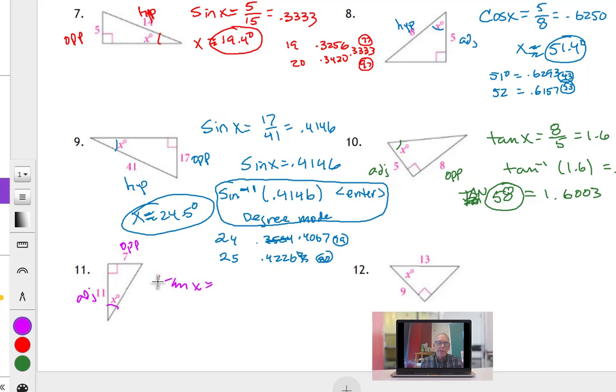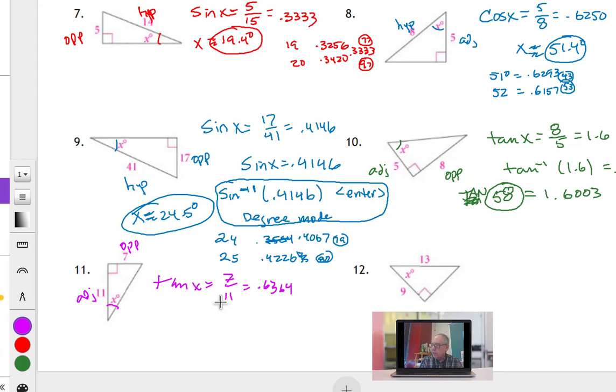Tan x equals opposite, which is 7, over adjacent, which is 11. That gives us 0.6364, rounded off to 4 decimal places.